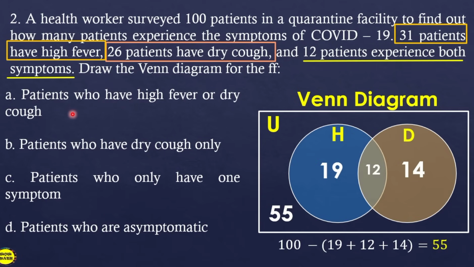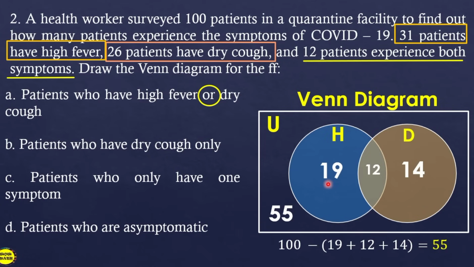Okay? So, how many patients who have high fever or dry cough? So, we have here the word or. Okay? So, or means union. So, ilan daw po ang merong high fever and dry cough? So, ibig sabihin, union po ito ng may high fever and dry cough. So, bibilangin po natin.